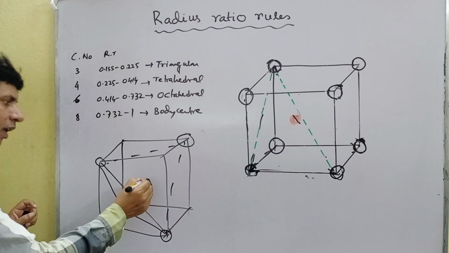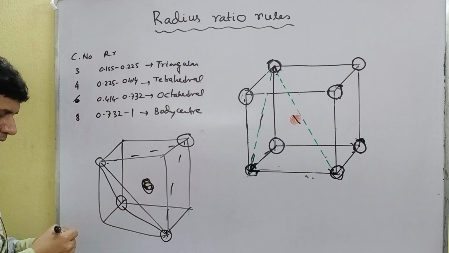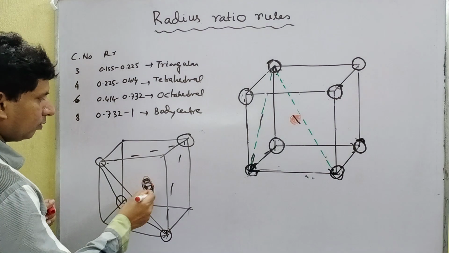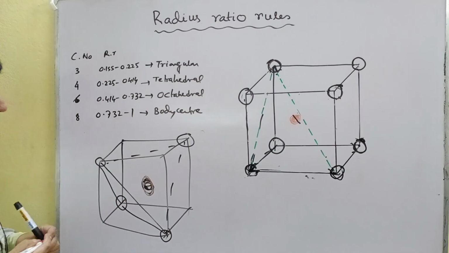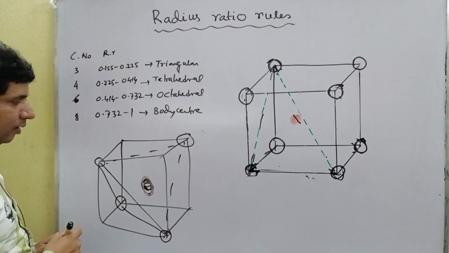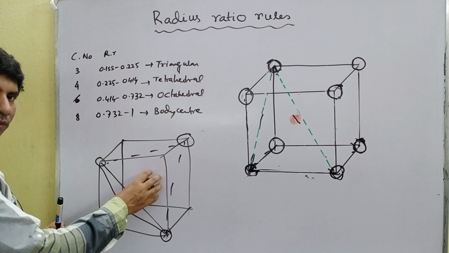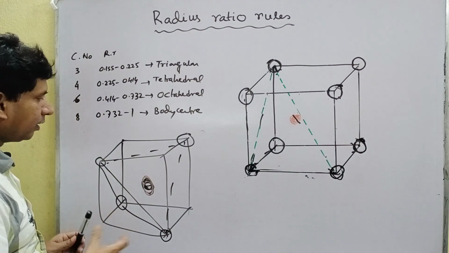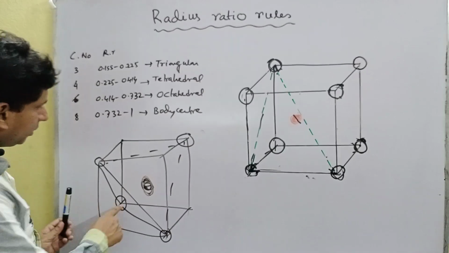And if this is a cation, then what happens? Actually this is a void, we can take it as a tetrahedral void, where this is the cation and this is the anion.